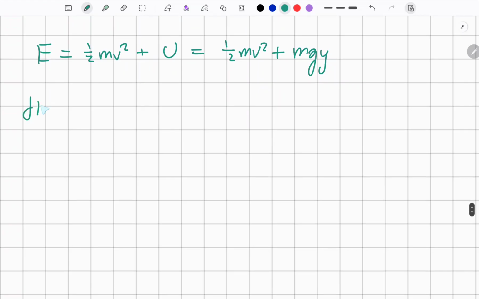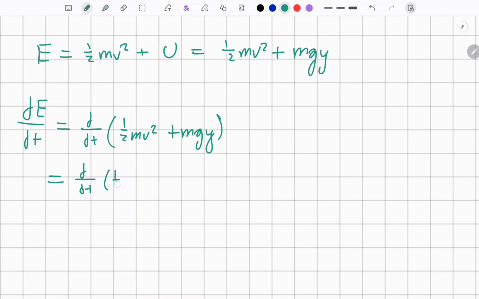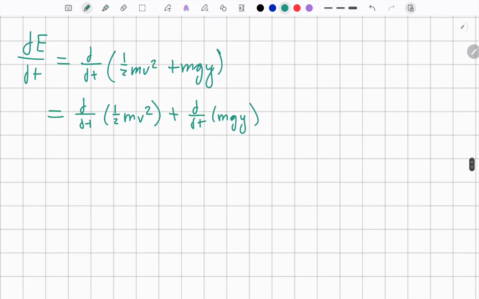Now, differentiating this with respect to time, using our product rules, we're going to use our product rule on this, and on this we're going to differentiate.